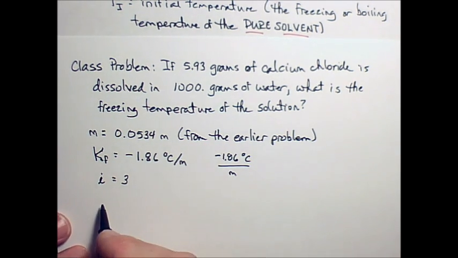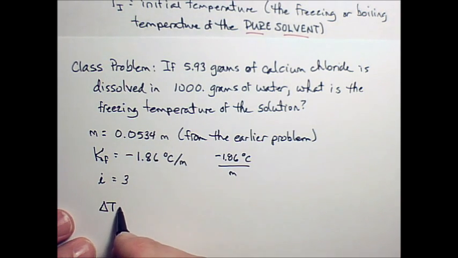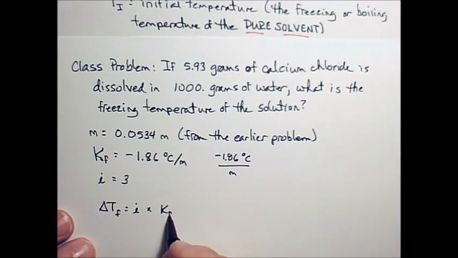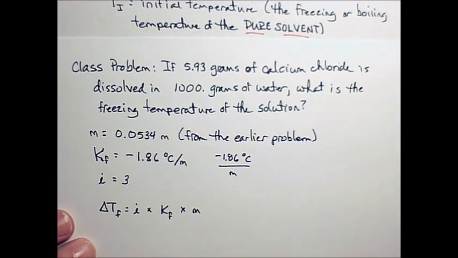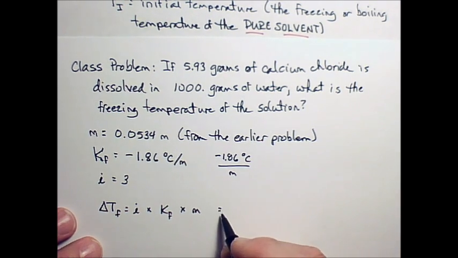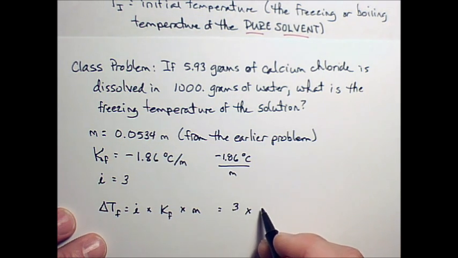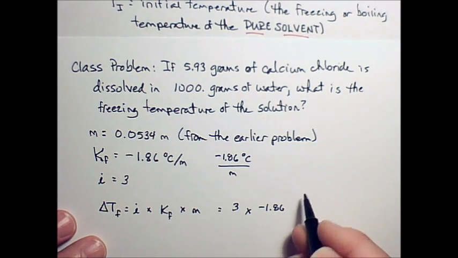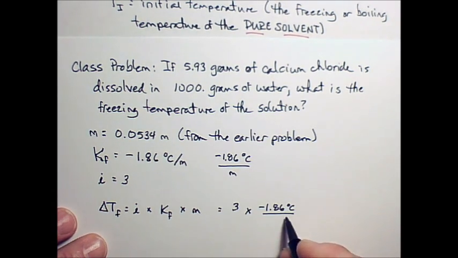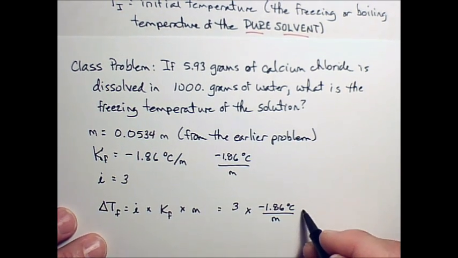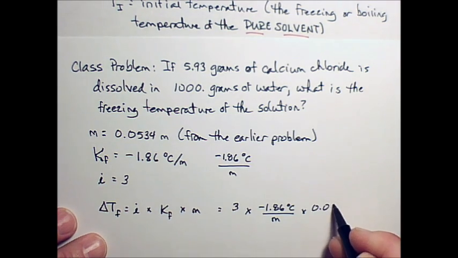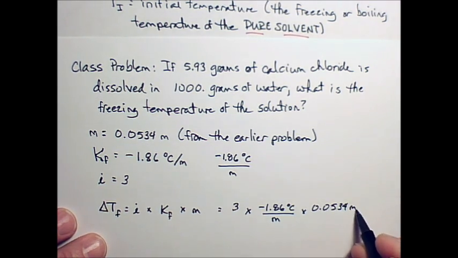So we're at least ready to put this into this equation. Delta T for freezing is equal to I times K sub F times molality, the mole concentration. So I is 3, K sub F is negative 1.86 degrees C over mole concentration, and the mole concentration is 0.0534 mole.